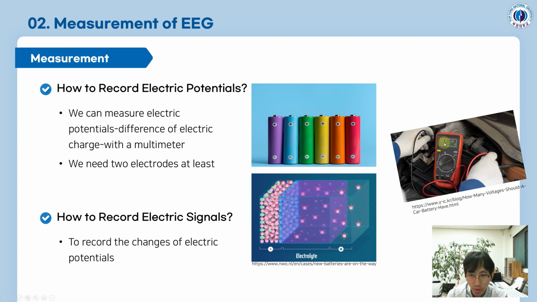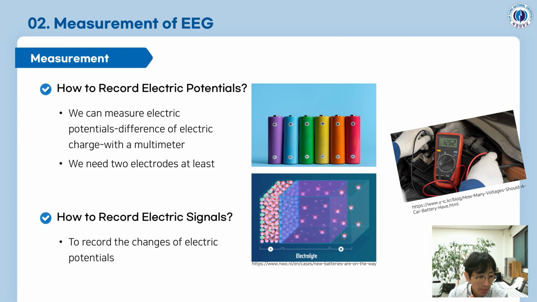This is called a multimeter, and using this multimeter we can measure voltage between two spots. Okay, we can say this is an electric charge between two spots. This is not a difficult technique, and we can measure with cheap devices.